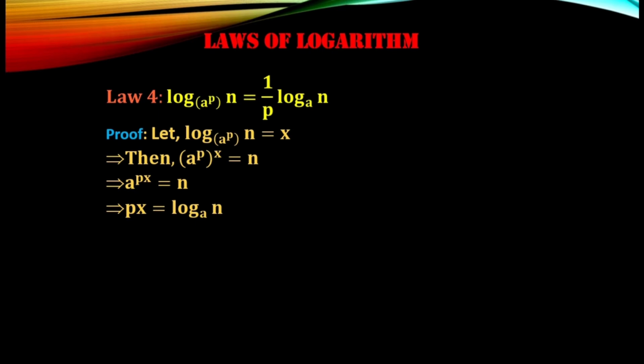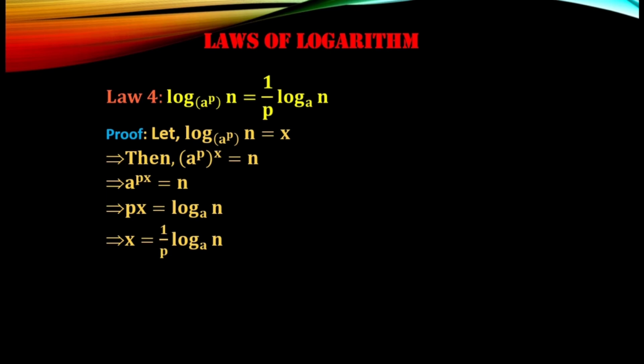So we are just changing the equation from exponential to logarithmic form and back again. This gives us x equal to 1 by p log of n to the base of a, because we are shifting p from the left hand side to the right hand side. It is multiplied on the left, so it gets divided when it comes to the right.